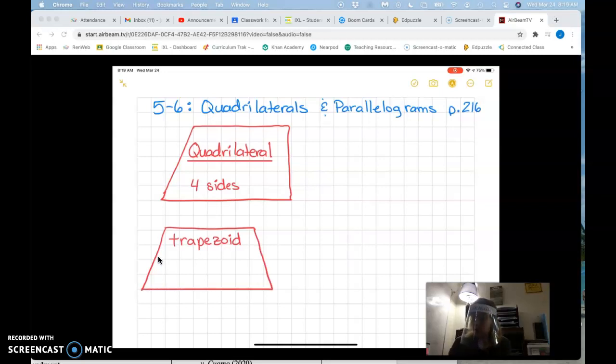All right, so the top and the bottom are parallel, but that's it. So a trapezoid is defined as having exactly one pair of parallel lines.